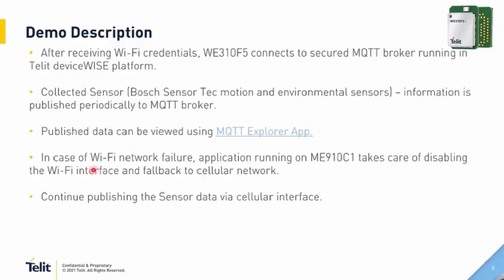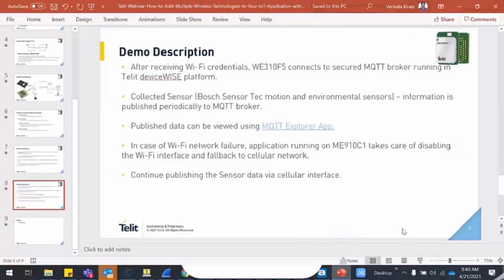In case the Wi-Fi falls offline, if there is no internet connectivity, or if the MQTT publish returns an error, or connection establishment returns an error, we eventually fall back and use the cellular network. So that's about the presentation part, but now we'll go and demonstrate the use case.